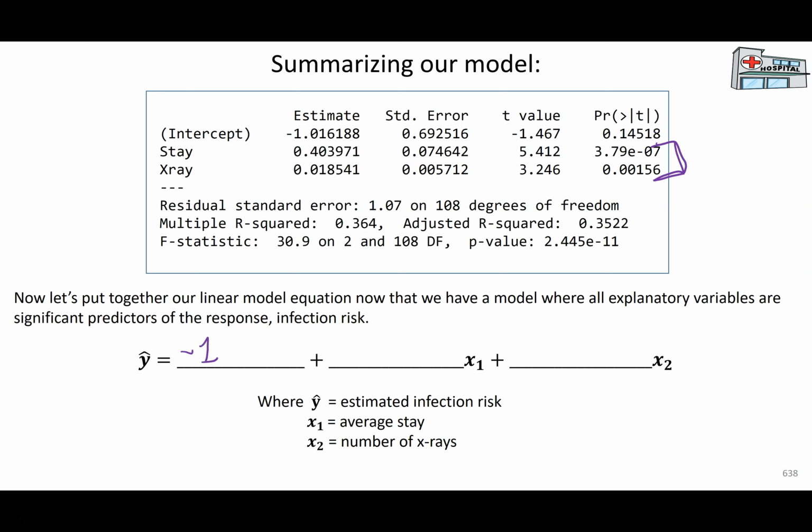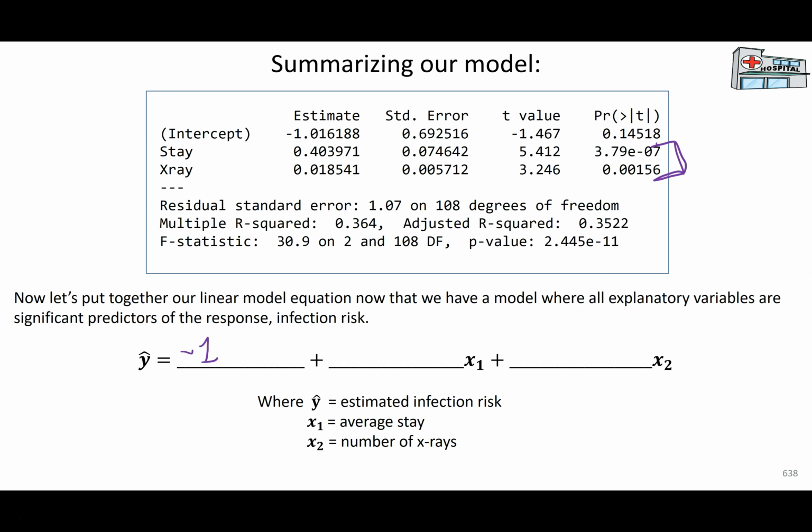the infection risk, because that's what we think will change here. So the infection risk is expected to, and here you need to look at the sign. It's positive, so we'd say increase by 0.404 on average.